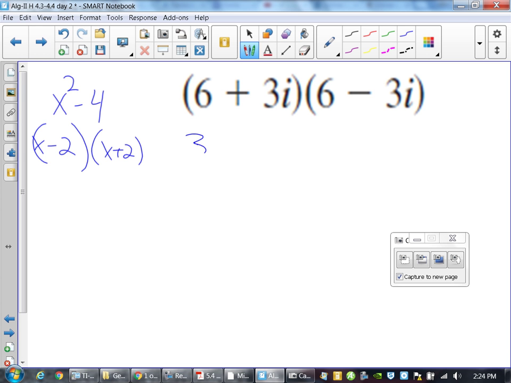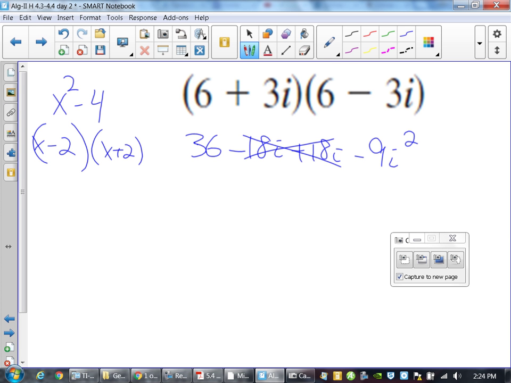You get 36 minus 18i plus 18i, and then you get minus 9i squared. What happens to those middle terms? They eliminate each other out. This is a trick we're able to use, because when we have imaginary numbers in denominators, we don't want that, so we're going to multiply by conjugates.